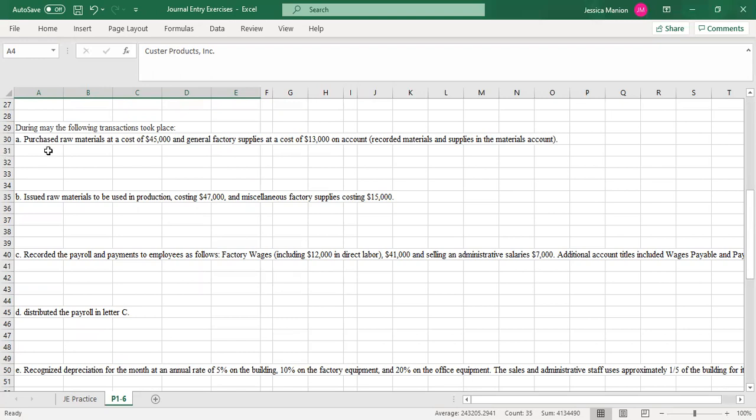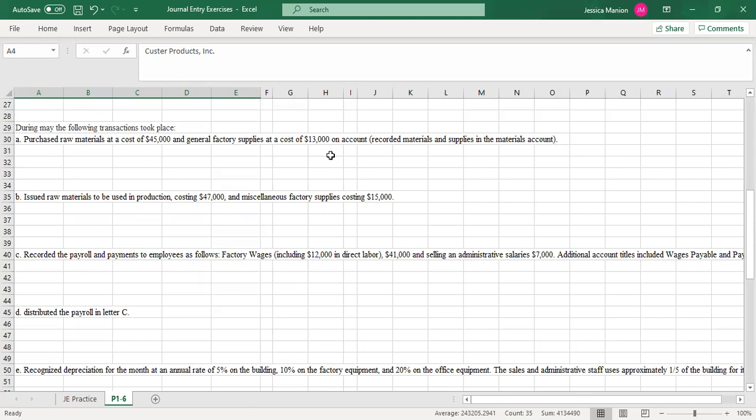So letter A, purchased raw materials at a cost of $45,000 and general factory supplies at a cost of $13,000 on account. And then it says in parentheses, recorded materials and supplies in the materials account, which again is just saying we're recording direct materials and indirect materials in the same material account.